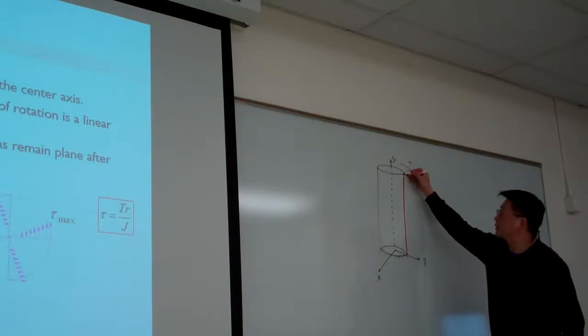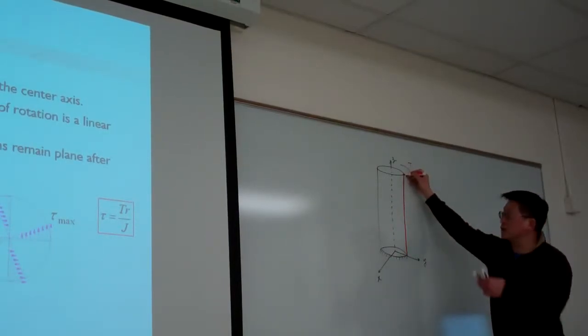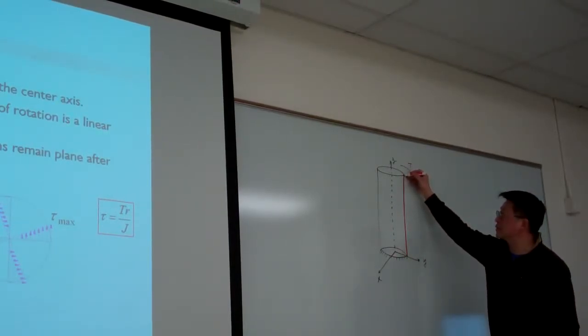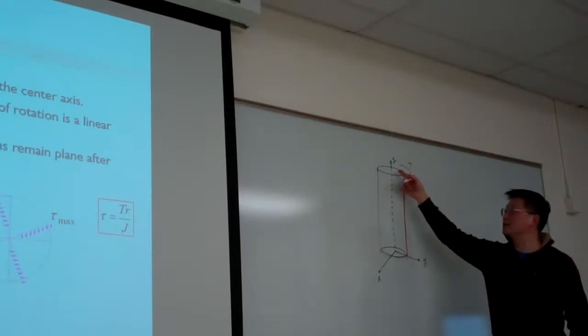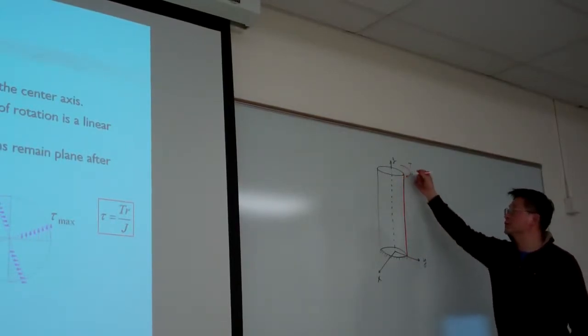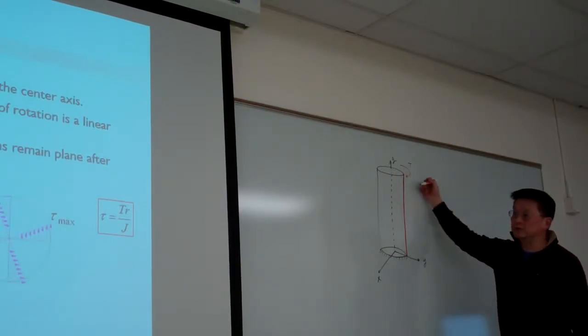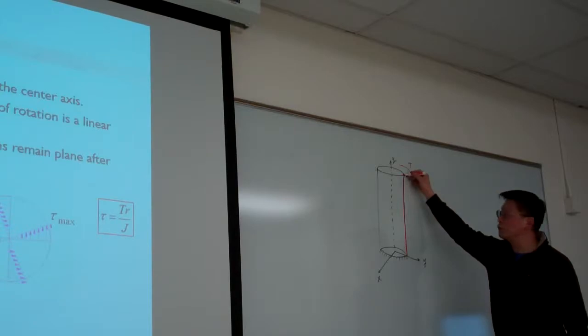The top point, per the first assumption, does the rigid body rotation. For illustration, let me use a circular shaft. Under the first assumption, this point moves along the arc to here.